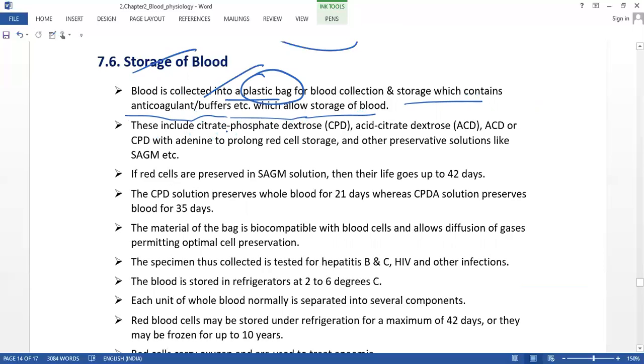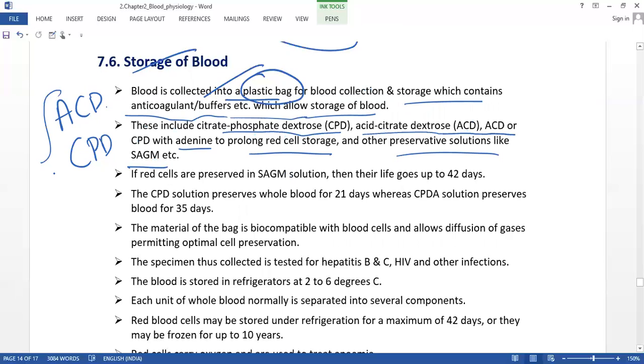That includes citrate phosphate dextrose, CPD, and acid citrate dextrose, commonly known as ACD, or CPD with adenine, to prolong red cell storage, and other preservative solutions also like SAGM. They use all these so that the blood is stored safely and does not get spoiled.